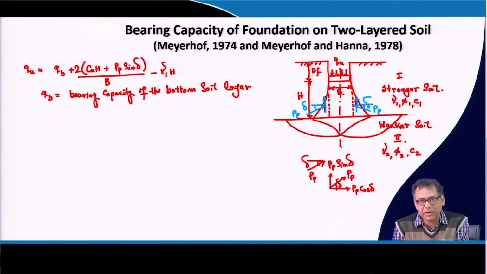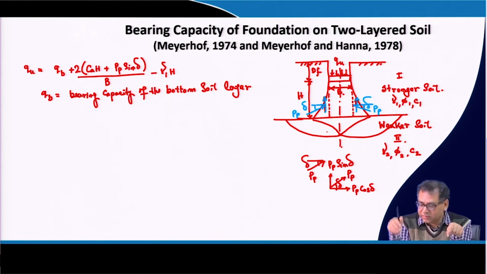So, I will get the qb, the second layer bearing capacity, plus the resistance this soil is getting because of its movement along the dotted lines. So, that one is the cohesion part and this is the friction part. So, if the cohesion is present, then Ca into H is the total thickness, then the passive resistance that soil is getting, the vertical component into 2, because it is acting on two sides, will be added to the qb.